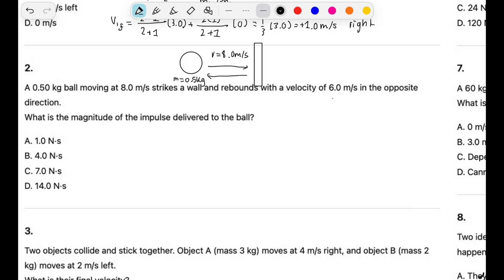So mass is 0.5 kilograms. V initial is 8 meters per second. VF is negative 6.0 meters per second because you go the other way. So we can see the speed got smaller after you hit against the wall.